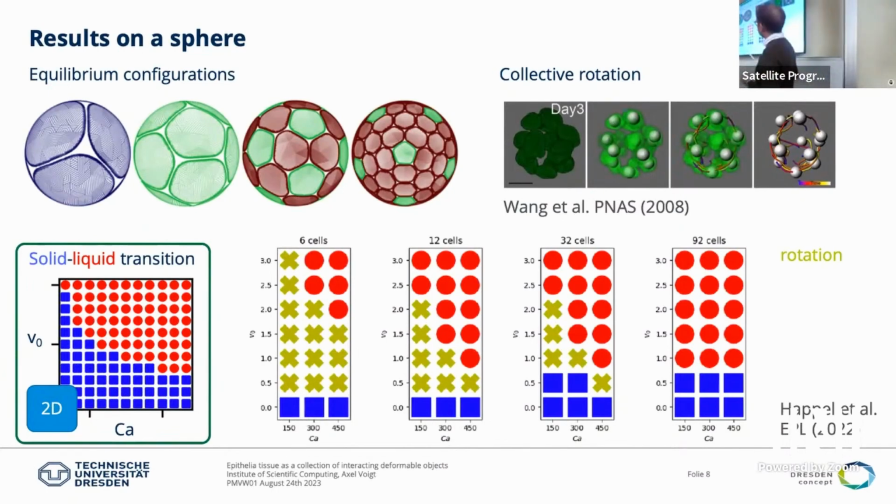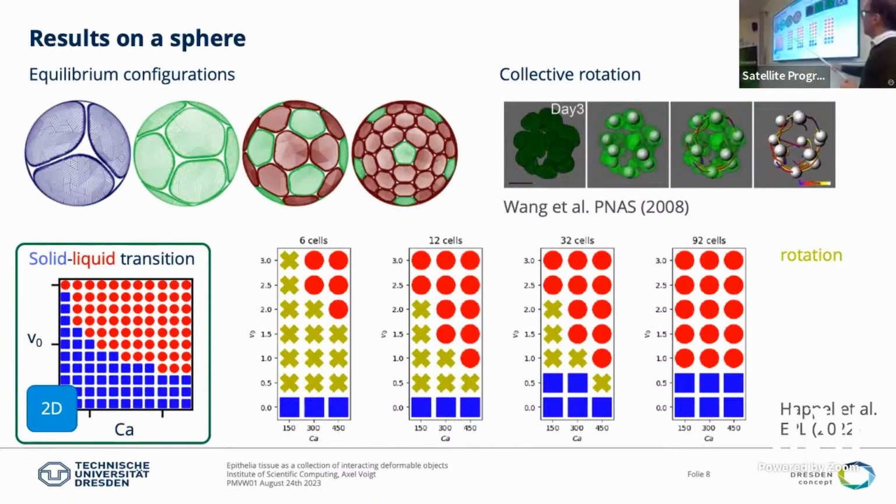However, if you now look at our phase diagram for the capillary number and our activity, that was the one from 2D. What we now found is that in between this solid and liquid, we have another state, a collectively rotating state. If we increase the activity, then instead of breaking all the bonds, this thing can move collectively, keeping the configuration, and it just rotates.